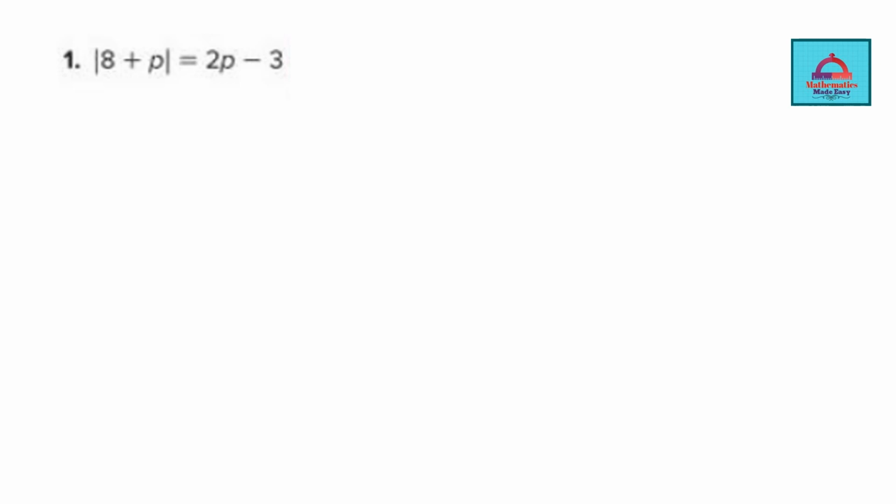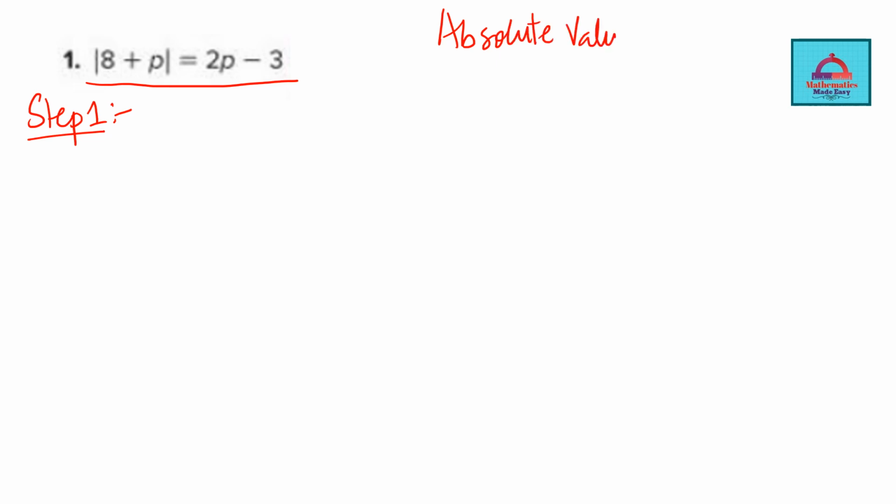The method to solve every absolute value equation is going to be the same, so please follow carefully what steps I'm doing. So first we do step 1 to solve this equation, which is we look at the absolute value equation and see how we can divide it into two cases. Remember, an absolute value equation has an absolute value function which is denoted by these bars.